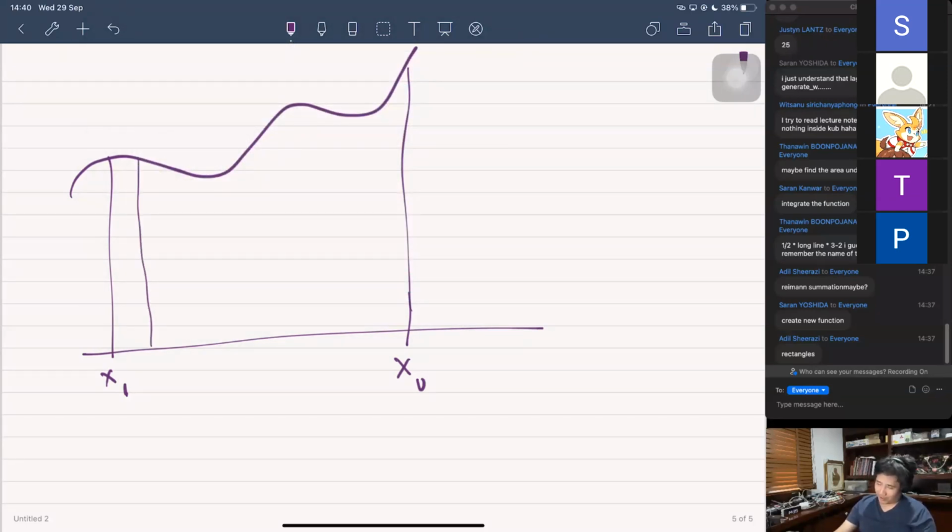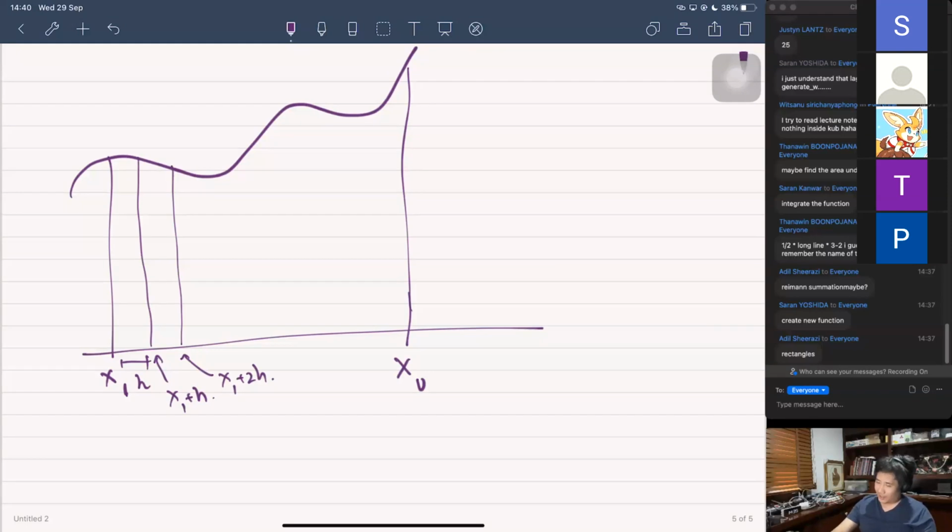We are going to call the space between each of the pieces h. So this is going to be xl plus h, and then the next piece is going to be xl plus 2h, and so on. You get the idea?